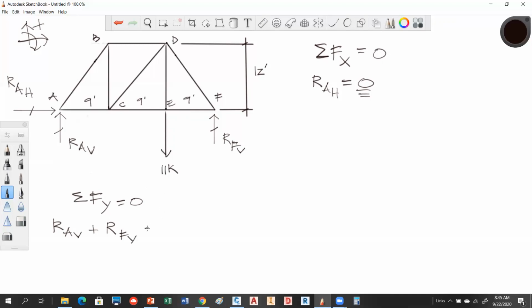We have an 11 kip load going down, so that's 0. So what this tells me, RAV plus RFV is equal to 11. That's about the best I get out of it, right? Okay, so we can solve this using what?